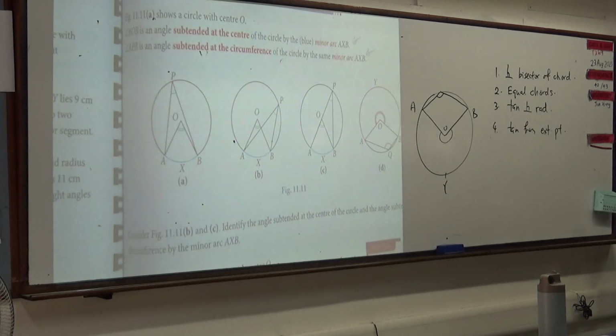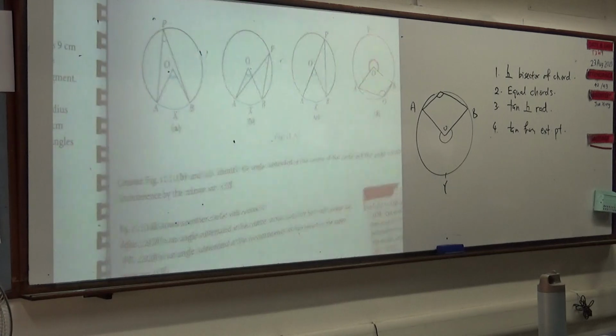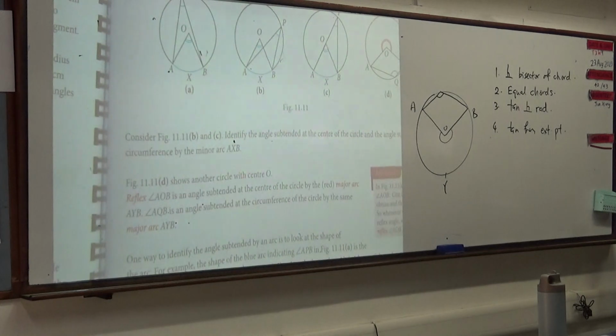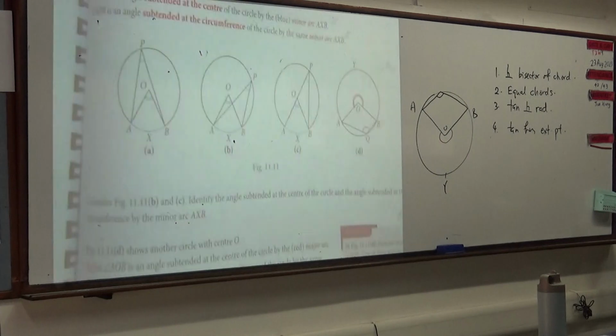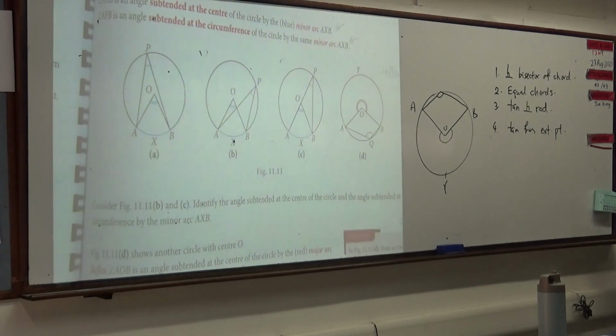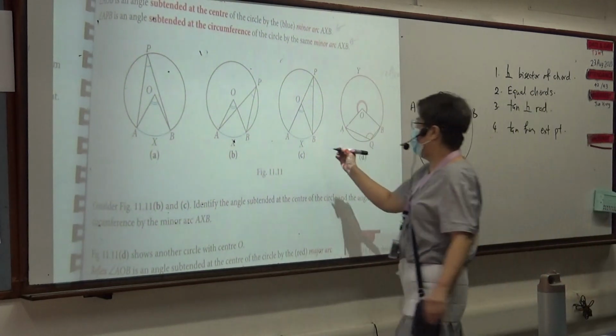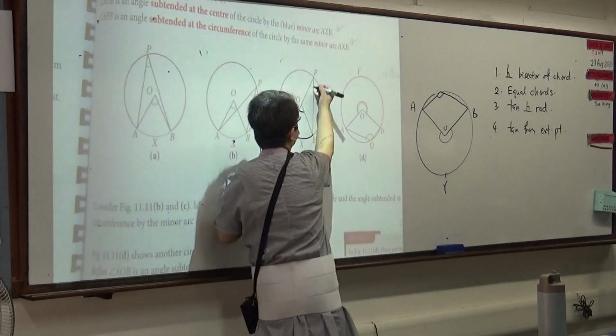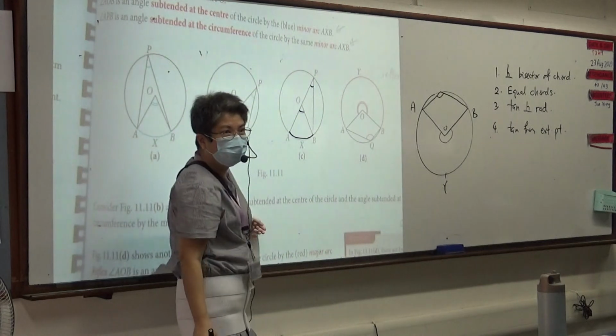Now consider figure 11B and C, okay? Identify the angles subtended at the center of the circle and the angles subtended at the circumference by the minor arc AXB. So let me do this too. Now, AXB is this one, right? So this is the angle at the center, this is angle at the circumference.